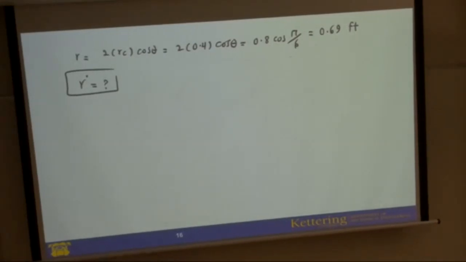Everybody calculate. How much is R dot? How much? Minus 0.16 per second.